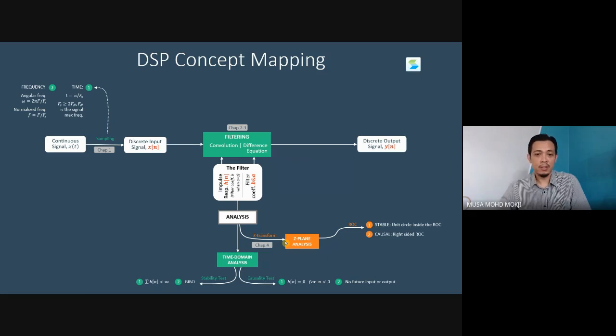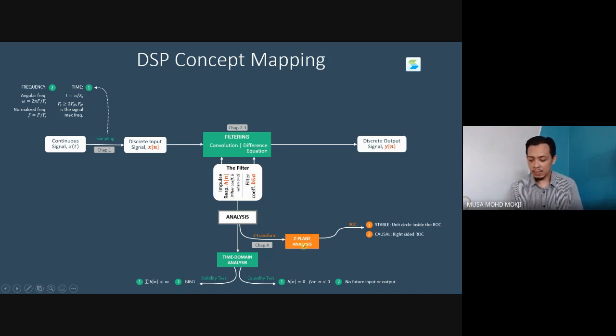Maybe the time domain is quite limited. What can we see in the time domain? So we need to transform it into another domain so that we can see other things, right? Plus, again, the maths is normally easier compared to the time domain. So that's the purpose of why we do Z transform.